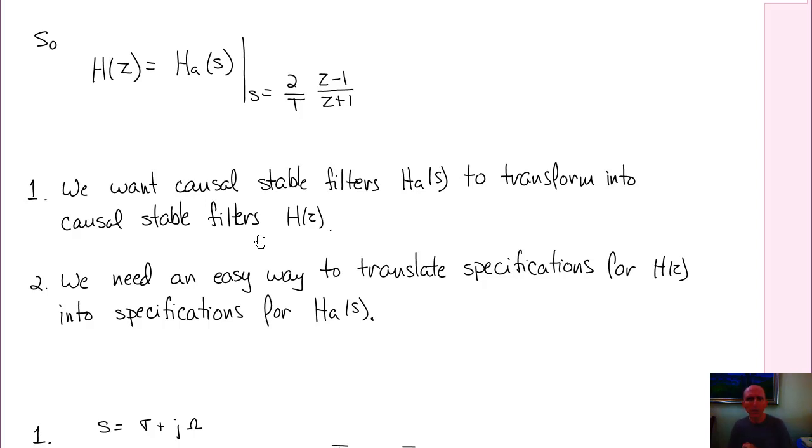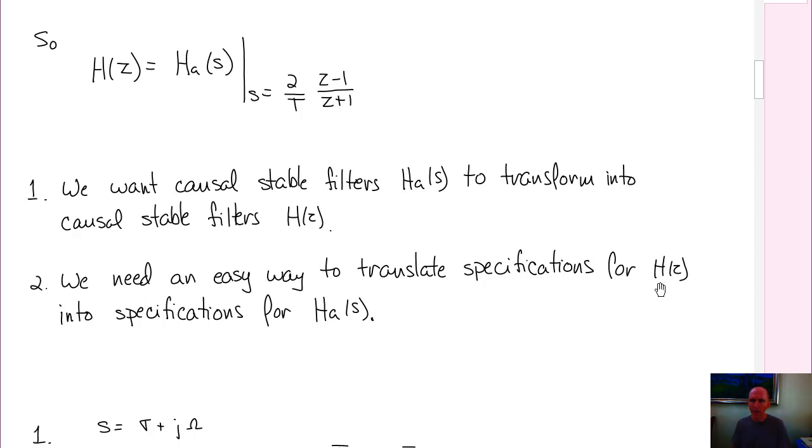The other thing we need, and though it's maybe not obvious now, if we're going to do the transformation, we need to know the specifications of the system. Now, if we're going to design a digital filter, what we have are the specifications for H(z).